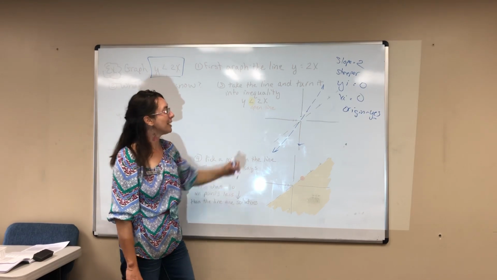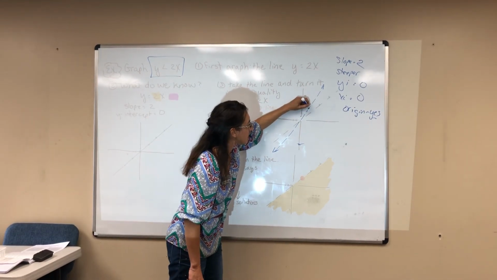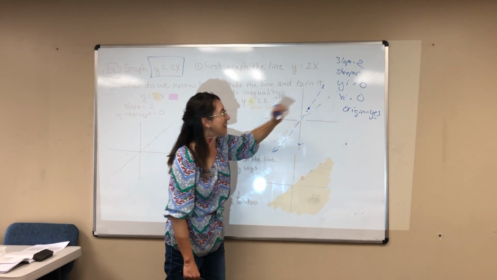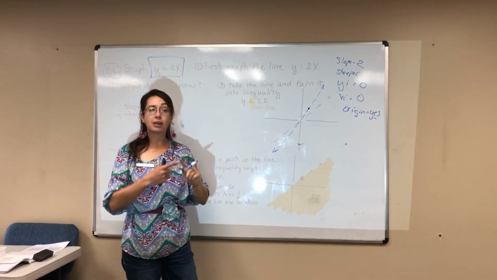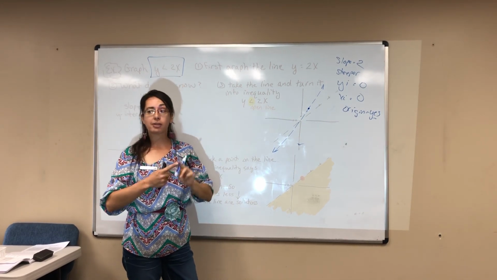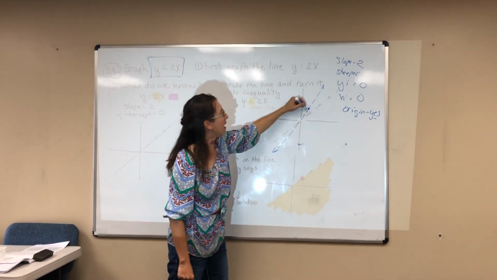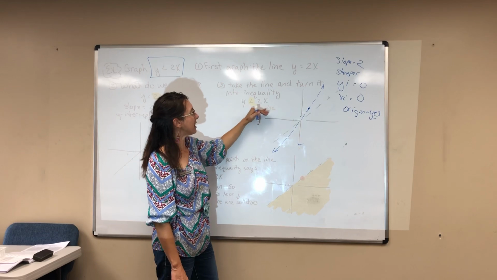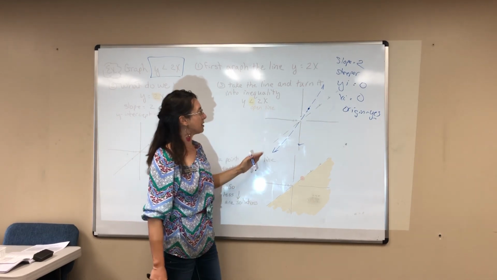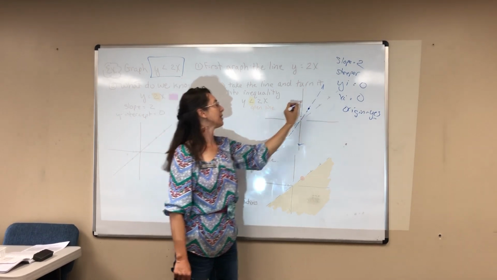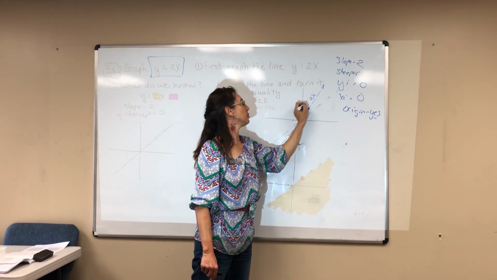Another thing is to put a point on your line and think about what they're asking, because sometimes they're asking x values, sometimes they're asking y, and we're going to address both in here. If I had y is less than my line 2x, I've already drawn my line, so I can label this as 2x.